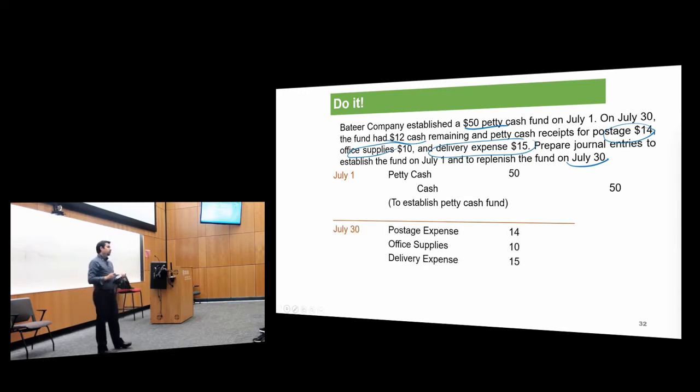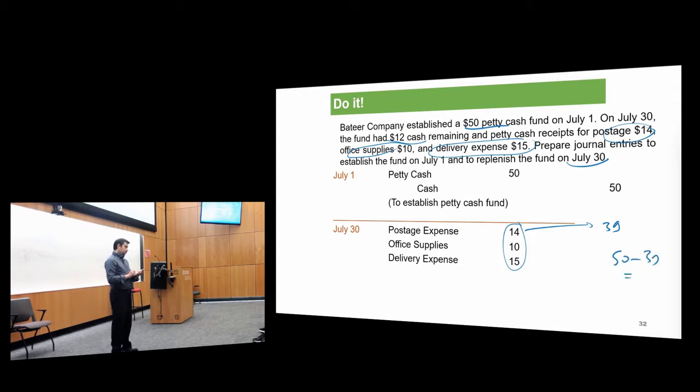What's the total of these three? 39, right? So how much should the company put into petty cash to replenish it? This is equal to 39, right? Cash will be 50 minus 39. It should be how much? 11.